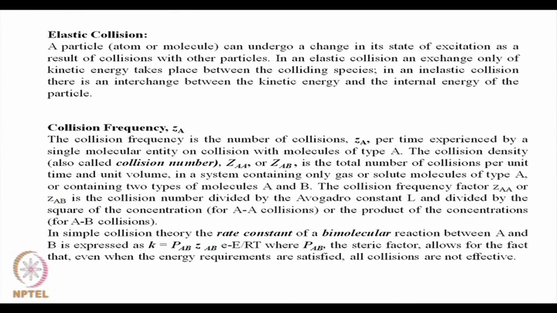When they collide, maybe because of energy transfer, the energy of this can be transferred to this. If that energy is absorbed by this black one, then it may be excited. So its state may get changed as a result of collision with another particle.